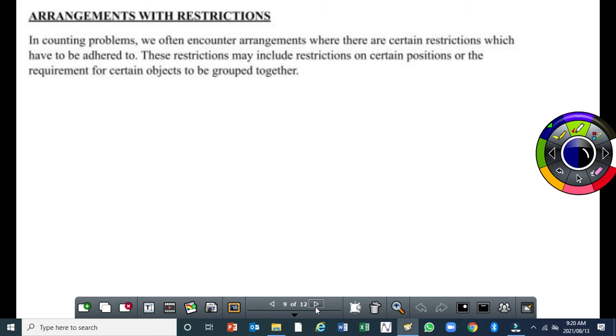The first ones are restrictions involving positions of objects. You can also have restrictions involving grouping objects together. So you can have restriction on the position of an object, or you can have restrictions on groups of objects.